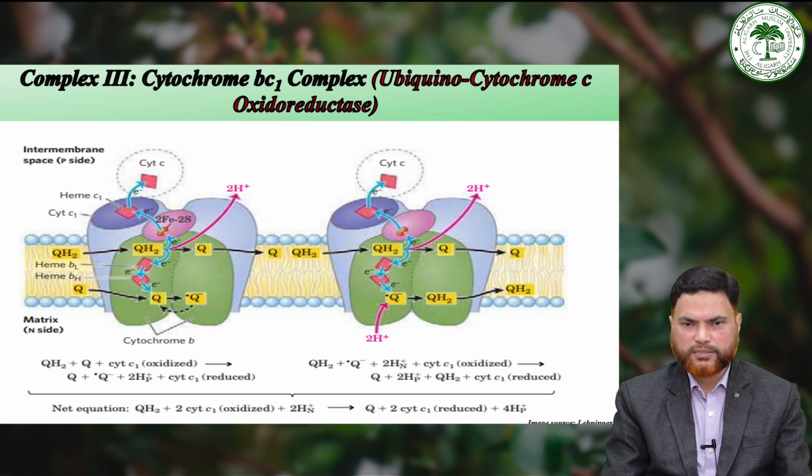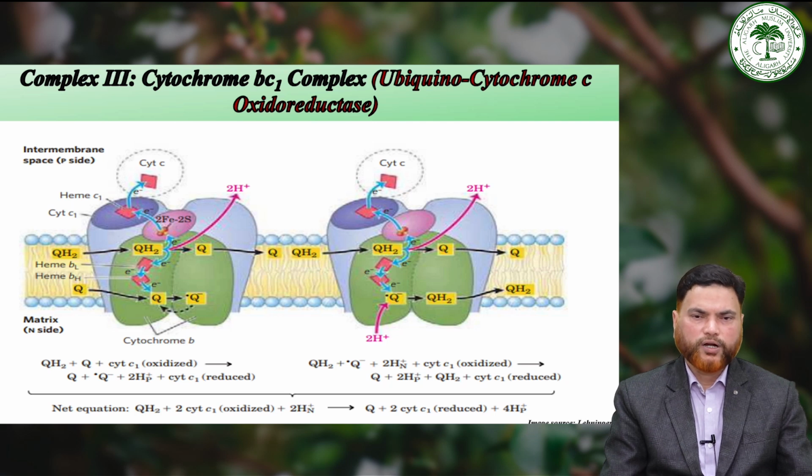At complex 3, the Q cycle starts with the binding of molecules of QH2 or ubiquinol, and one ubiquinol molecule donates 2 electrons to the cytochrome B subunit of complex 3, leading to its reduction to ubiquinone, or you can say Q, here in this slide.